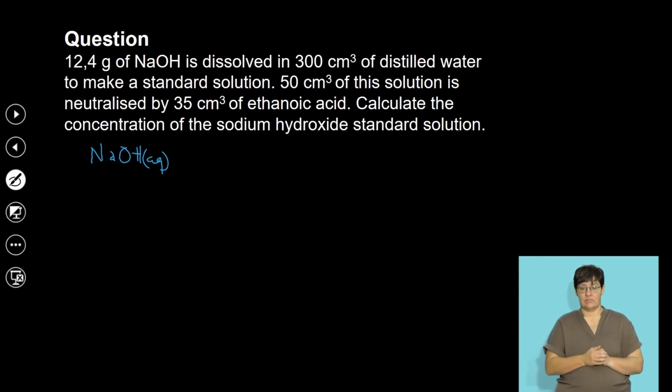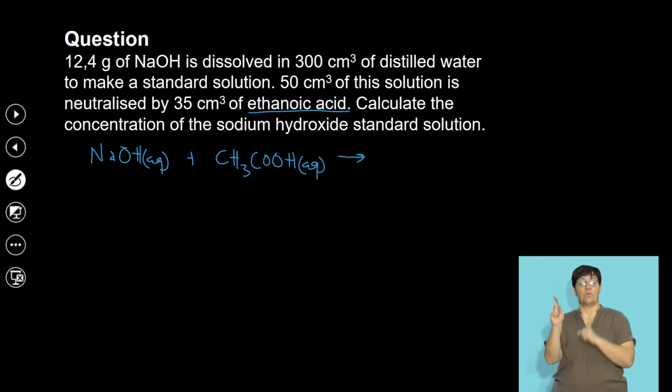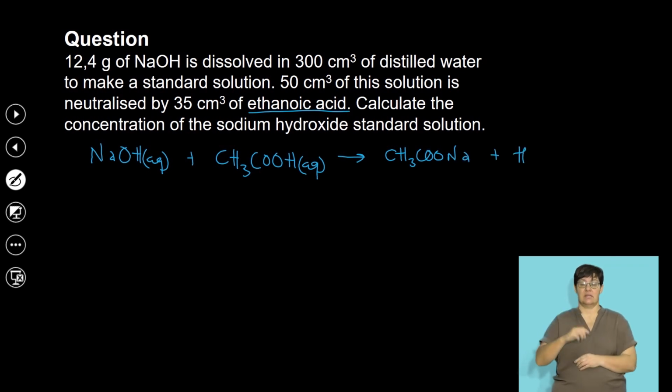From the equation, it reacts with ethanoic acid, an organic acid, CH3COOH, to give us our salt, which is sodium ethanoate, CH3COONa, plus H2O. That's our equation of reaction, right?